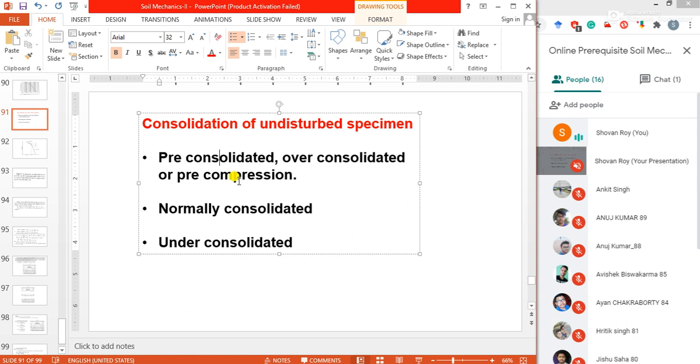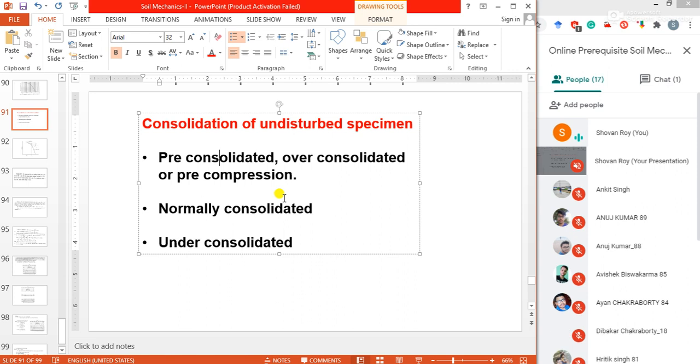A normally consolidated soil is one which has never been subjected to an effective pressure greater than the existing overburden pressure, and which is also completely consolidated by the existing overburden pressure.